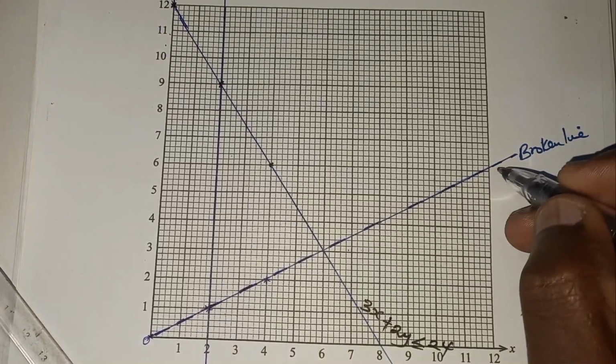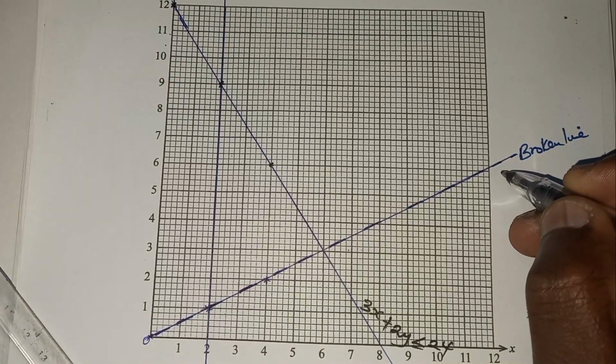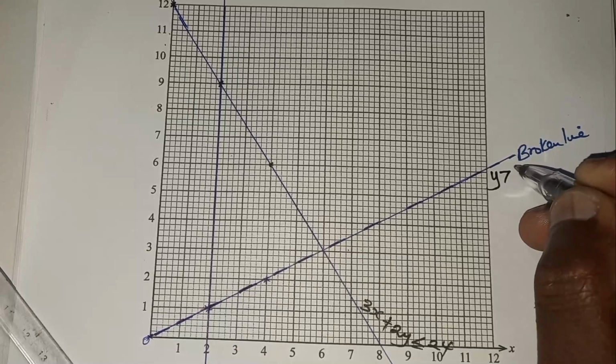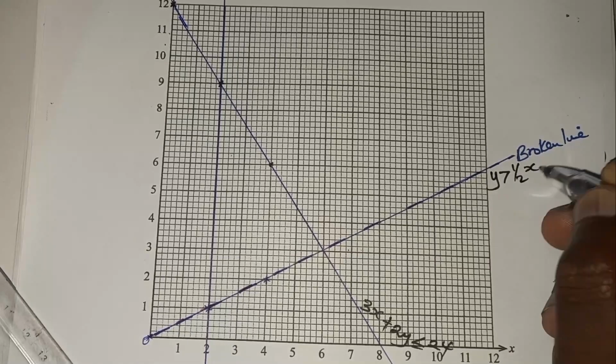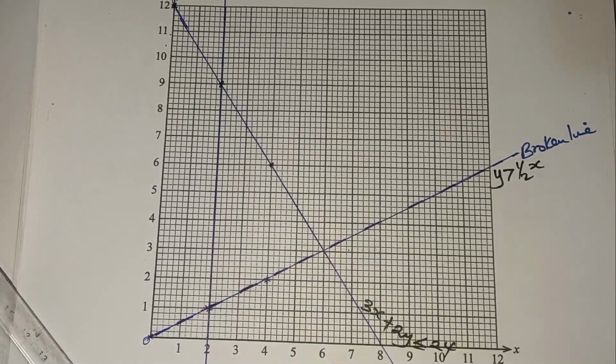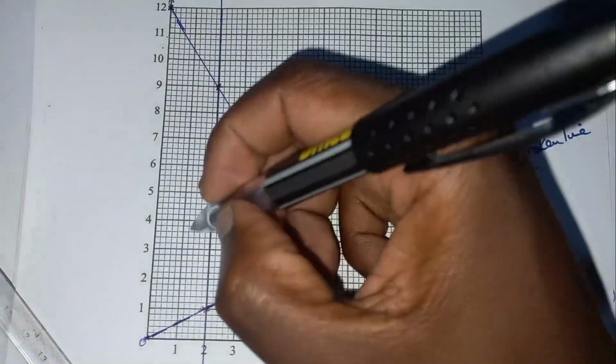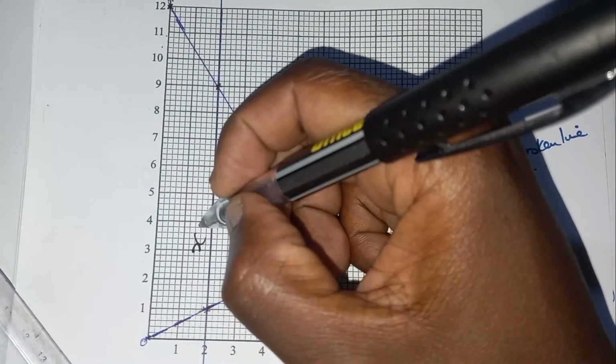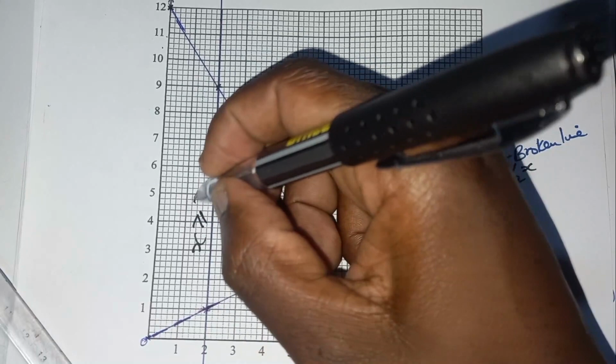Then this one is y is greater than half x. Then this one is x is greater than or equal to 2.